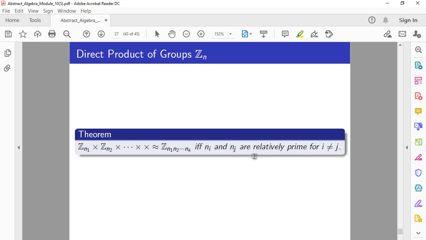So ni and nj are relatively prime for i not equal to j. So this is basically applying the previous theorem to groups of this form.